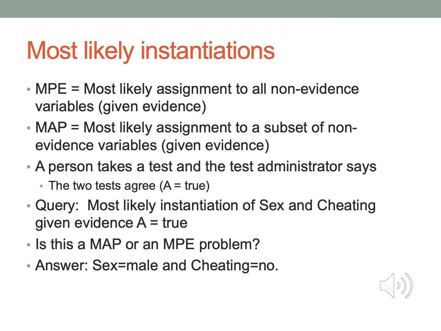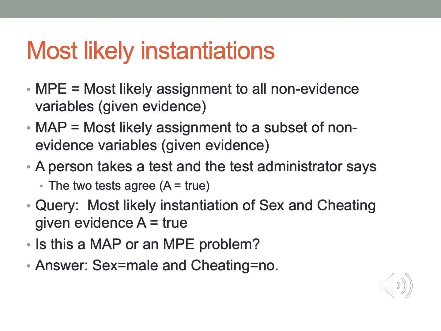So in the Bayesian network given on the previous slide, let's say that we have evidence where we know that a person has taken a test and the test administrator says that the two tests agree, which means that we have evidence that the value of A is true.